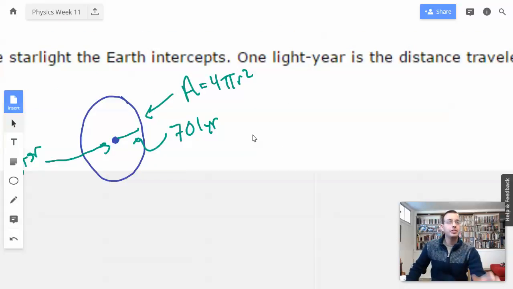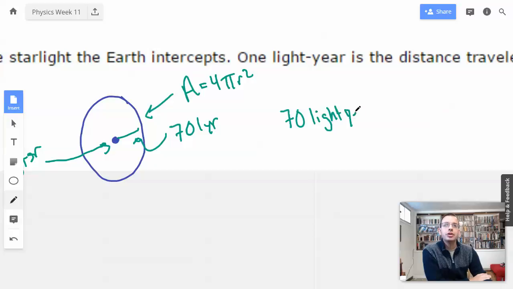So the way we convert light years into normal units of measure, like meters, which is what we want here, is we have 70 light years, which is the distance that light travels in a year.